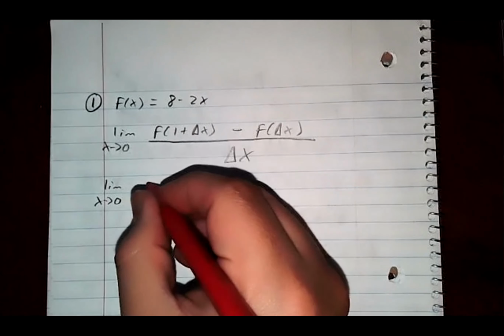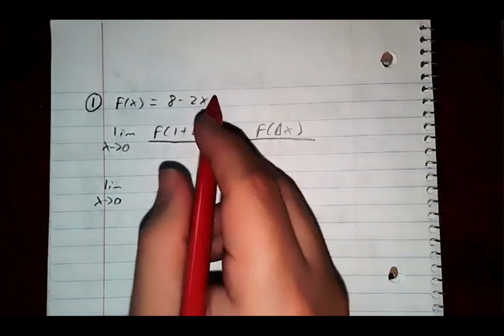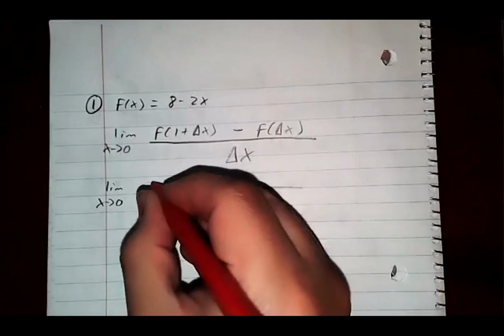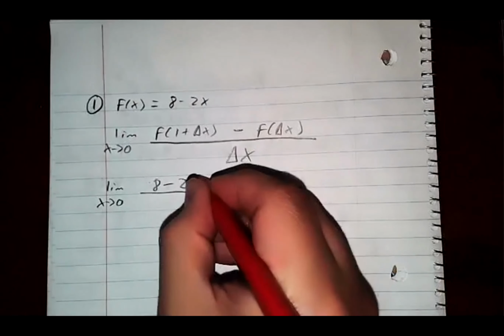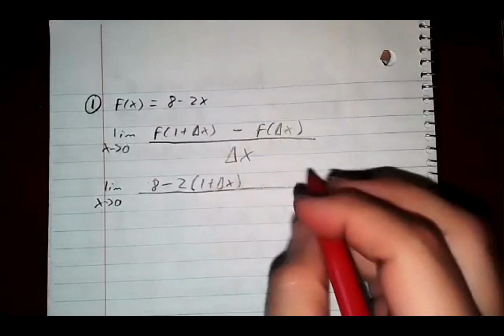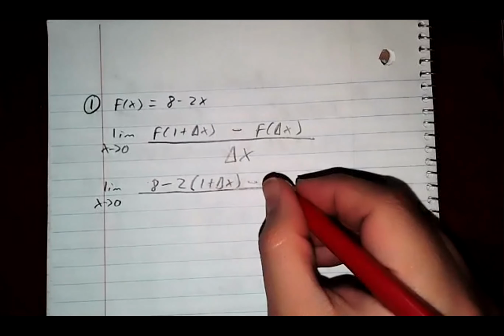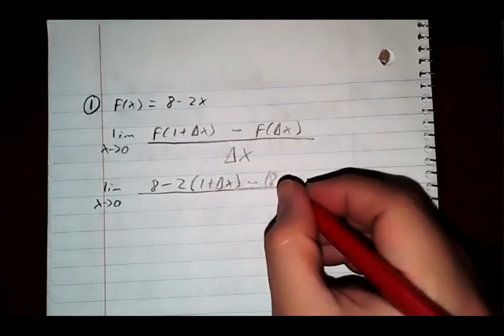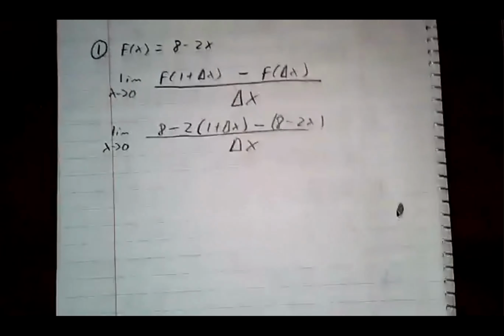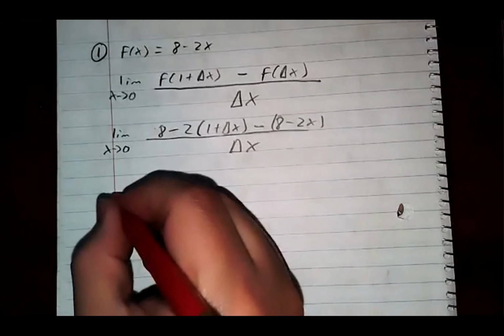So then plugging all that in, you would get the limit as delta x approaches 0 of, plug this into the x, right? So you're going to get 8 minus 2 times 1 plus delta x minus 8 minus 2x over delta x. And then you fix the top part.